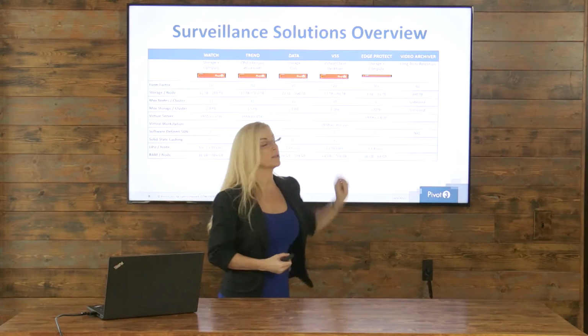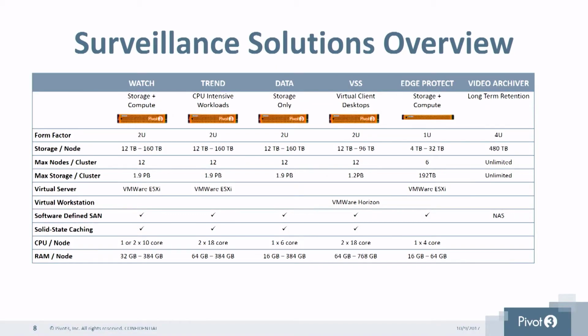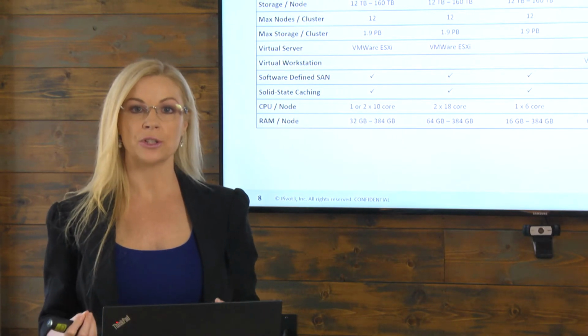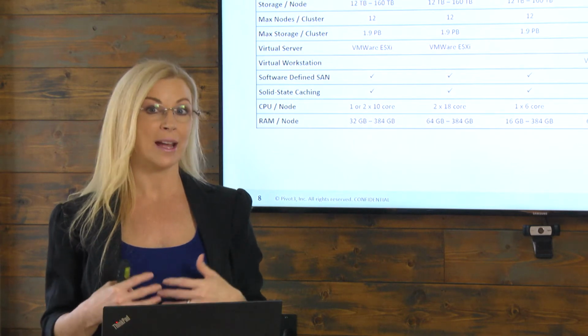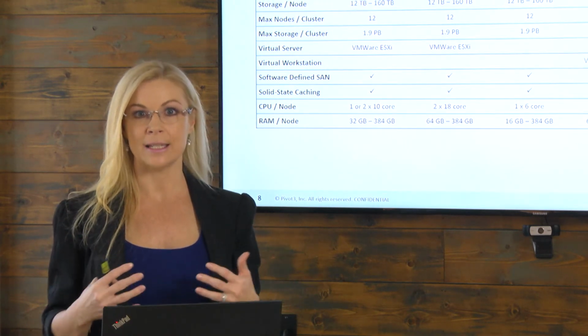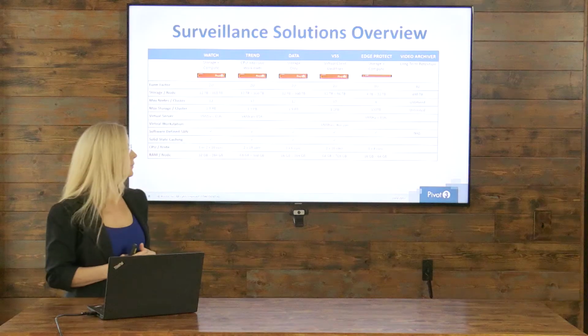The node sizes go from 4 terabytes to 32 terabytes, and it can scale up to 192 terabytes in a single cluster. Again, that's a single 4-core processor and up to 64 gigs of memory. This is ideally suited for small remote locations that maybe have 50 or 100 cameras and need to collect that data and store it locally.